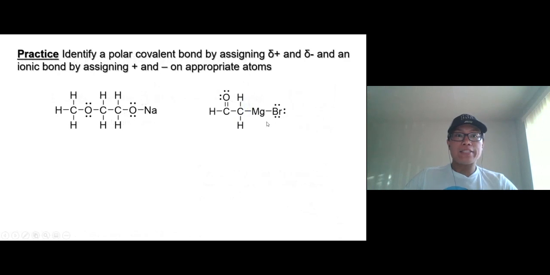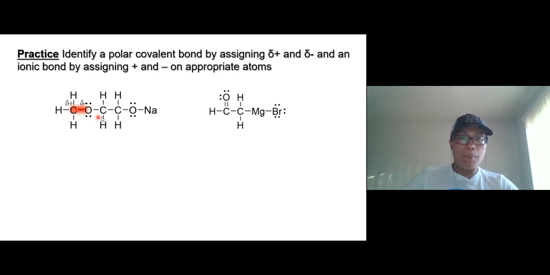All right. So let's try this one. Identify a polar covalent bond, assign partial positive and partial negative, and an ionic bond using positive and negative on appropriate atoms. Okay. Start with the molecule on the left side. Start with that bond right there, oxygen and carbon. This is a polar covalent bond. So oxygen gets partial negative, carbon gets partial positive.